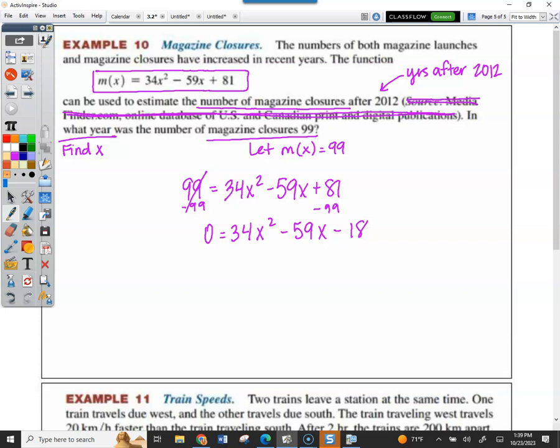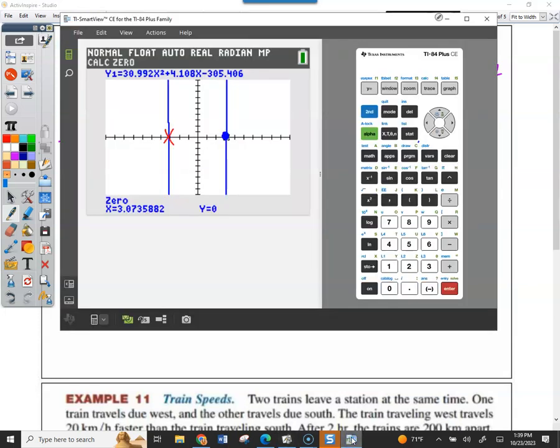We got 34, 59, and 18. Those numbers are really big. It does not look factorable because I'm not familiar with any product of 34 and 18 that adds to 59. So I would go to your graphing calculator and type it in y equals.